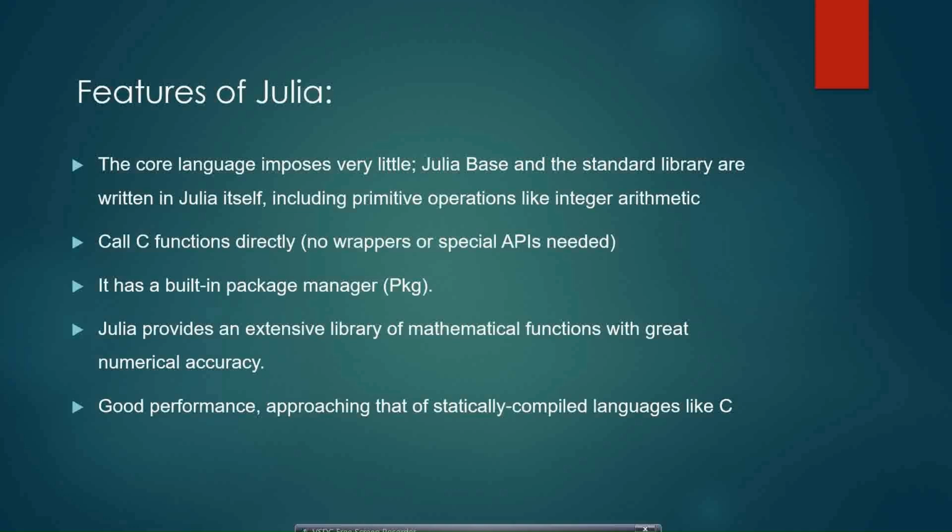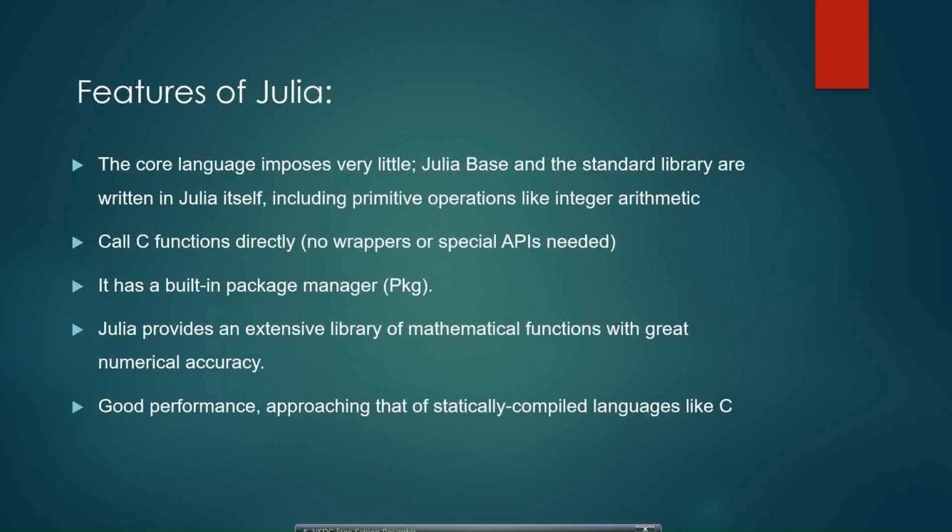And Julia has an extensive library of mathematical functions. So even if you don't have any specialized knowledge about scientific computing, Julia has everything written in its standard library. So you just have to use it, making any user do all the scientific computations comfortably and with ease.